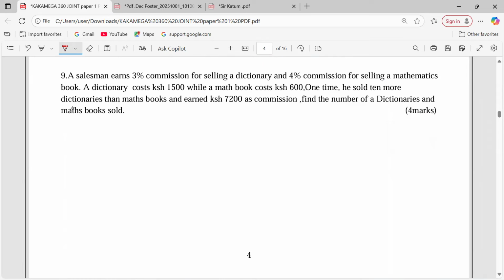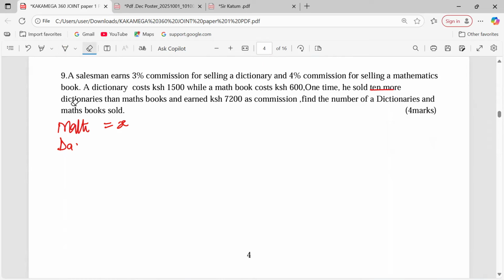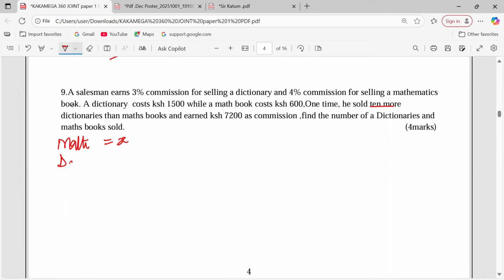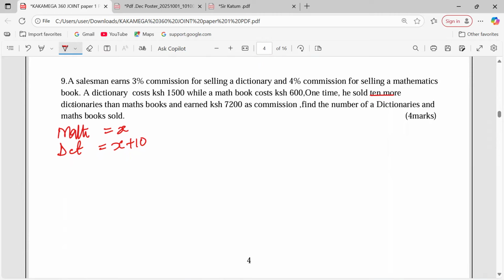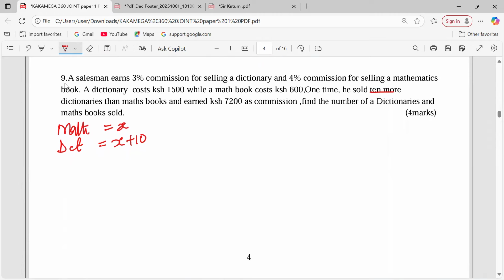Can we let math books to be X so that the dictionaries now become X plus 10? Then now, the selling prices are already given. So after selling X math books, each at 600, now there was 4% commission there.